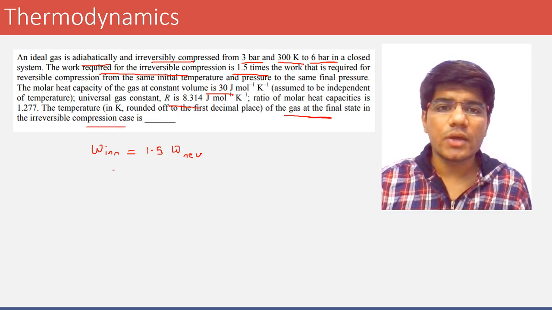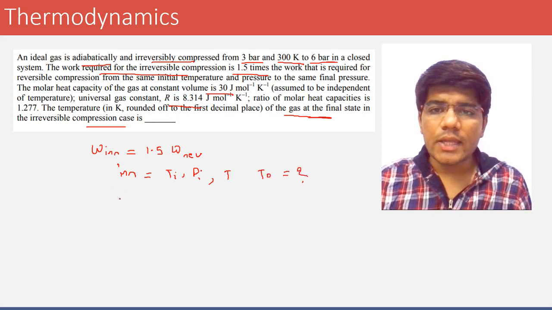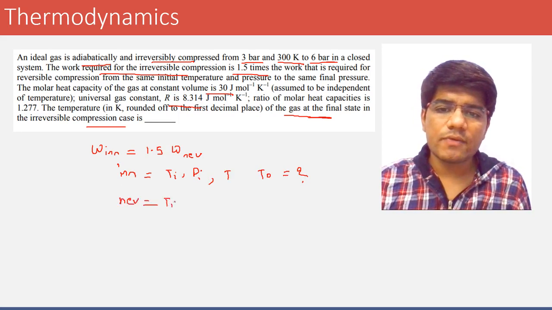In the case of irreversible compression, we are given temperature Ti and pressure Pi, and we need to find T outlet. In reversible compression, Ti is given, Pi is given, and the final pressure is given.